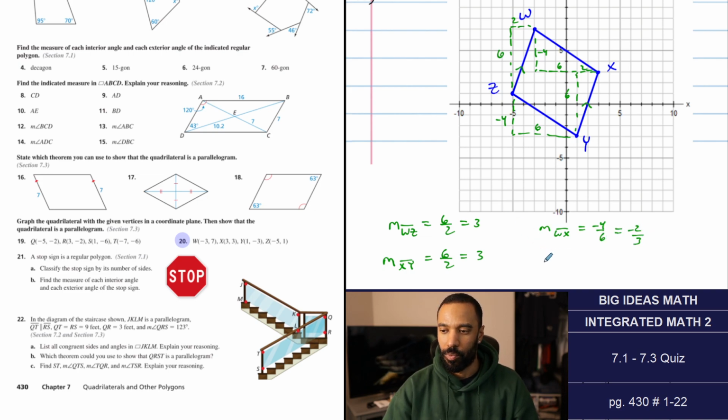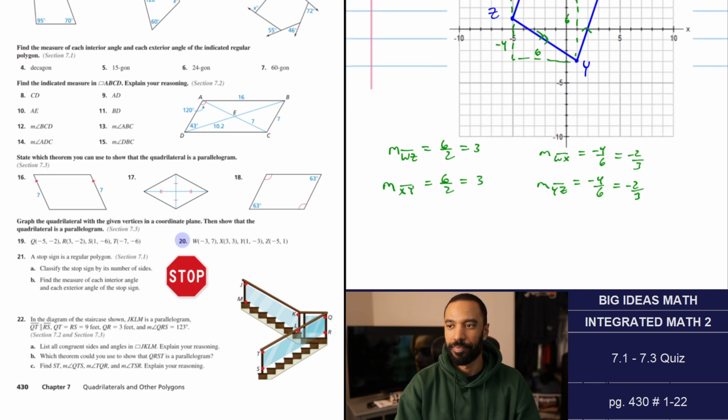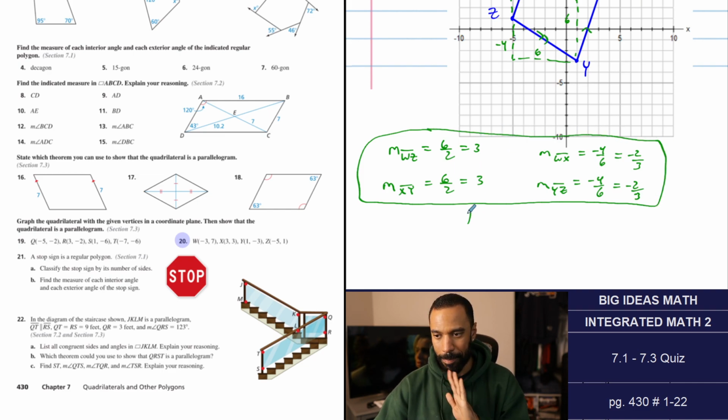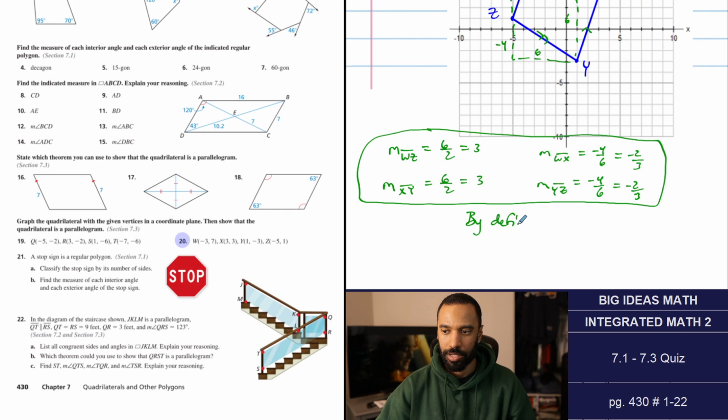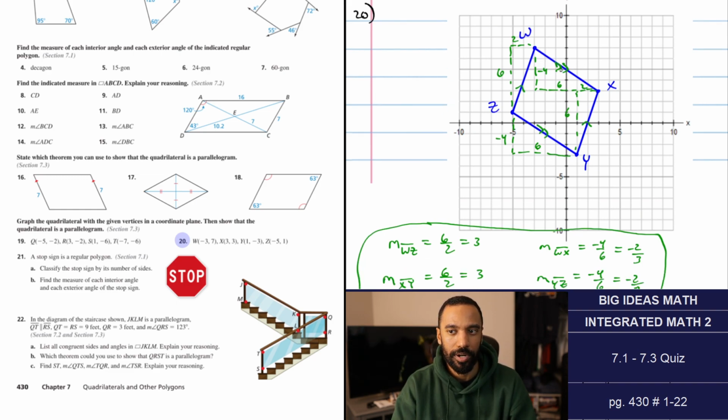The slope of YZ, I like to go alphabetical, is negative 4 over 6, which is negative 2/3. All of these solidify two pairs of opposite sides parallel. This is the very definition of a parallelogram, so this quadrilateral is a parallelogram by definition. So I'm showing it that way. You kind of have options on what you want to do, and those were mine.